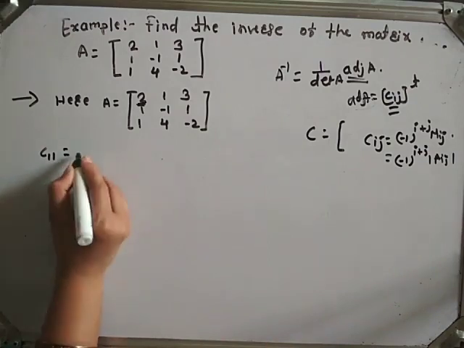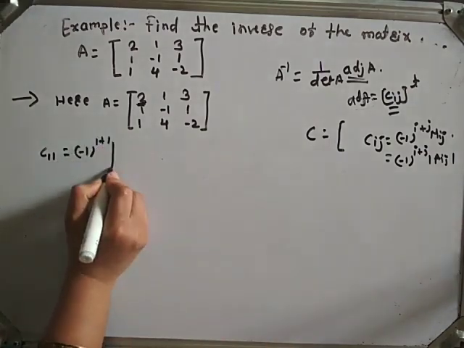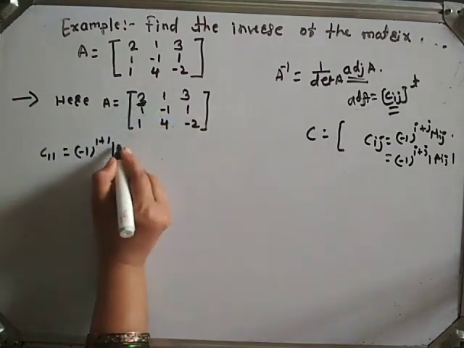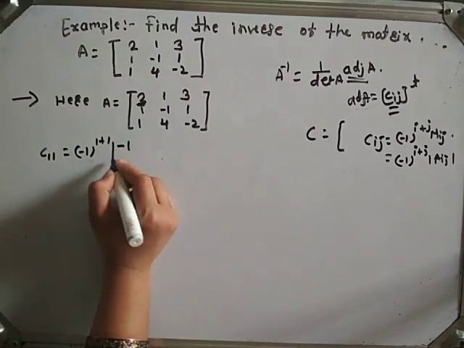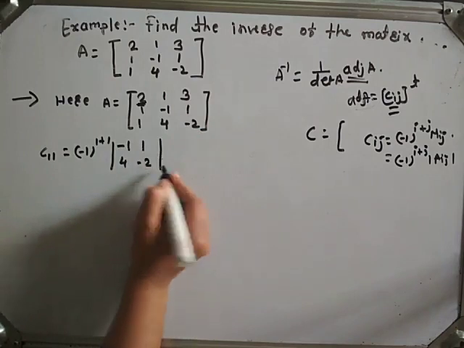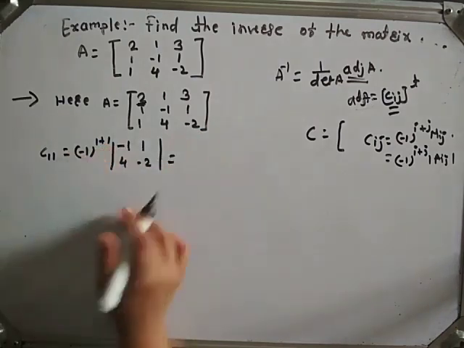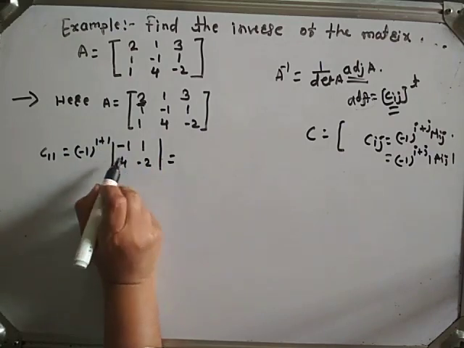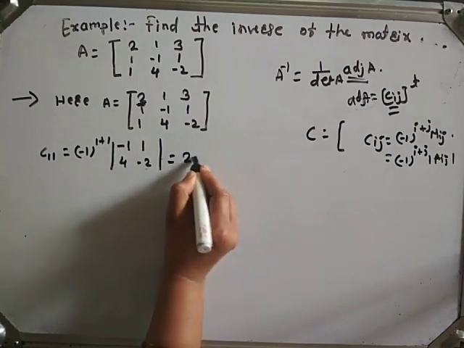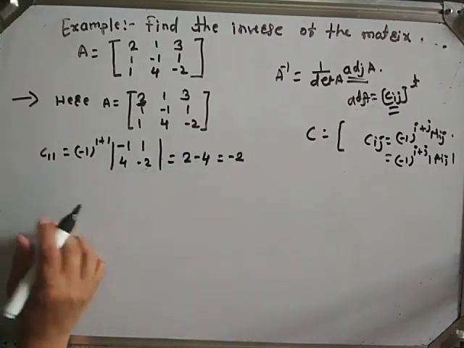So C11 is minus 1 raised to 1 plus 1 into the determinant of, deleting first row and first column, minus 1 1, 4 minus 2. Minus 1 raised to 2 is positive. So the determinant is minus 1 into minus 2, which is plus 2, minus 4, which equals minus 2. So C11 is minus 2.